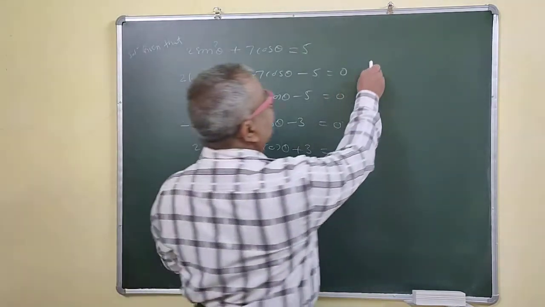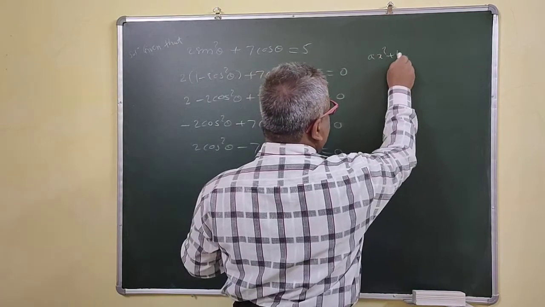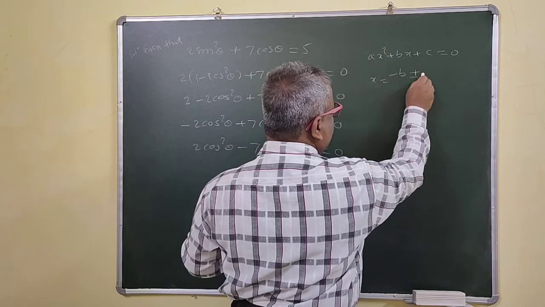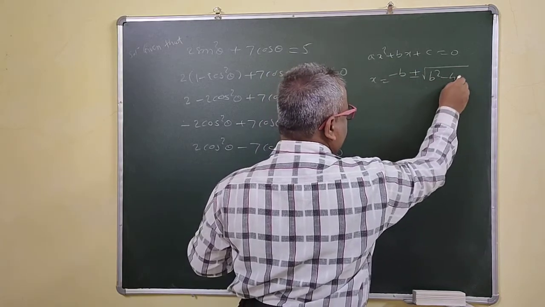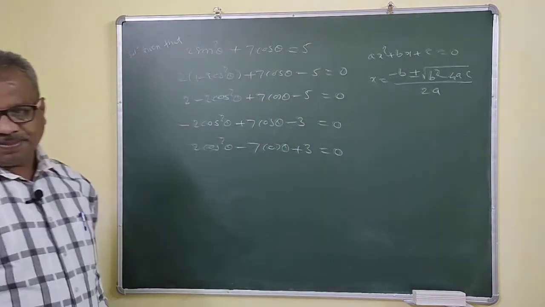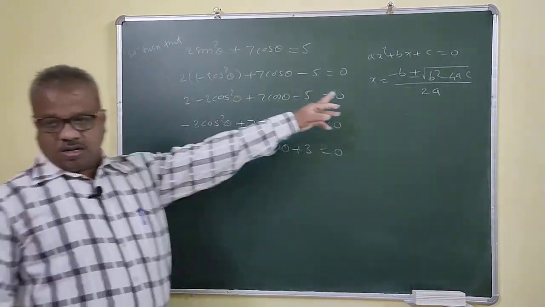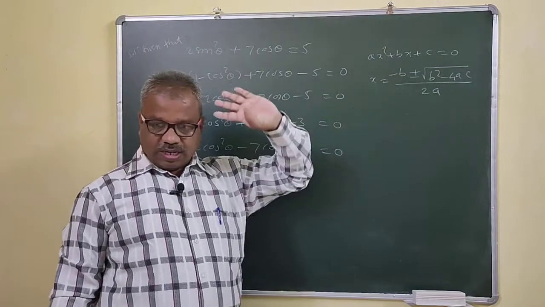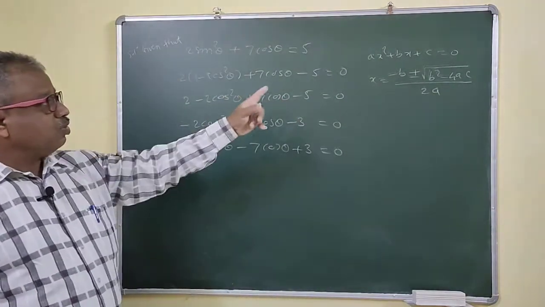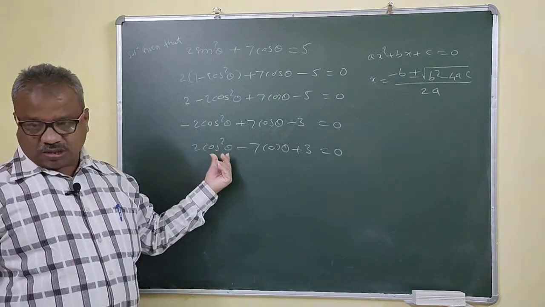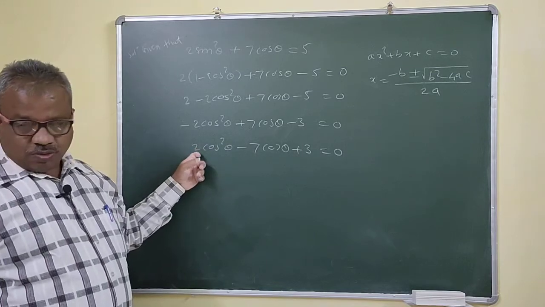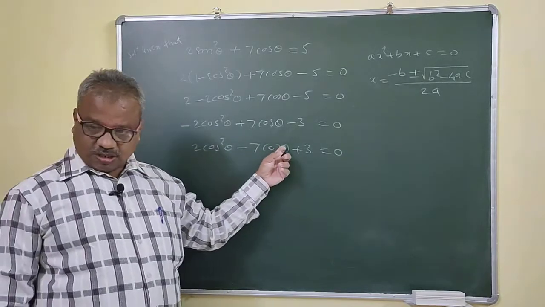You know that if you have the equation ax square plus bx plus c is equal to 0, then the roots are minus b plus or minus root of b square minus 4ac upon twice a. This is the formula to find the roots of a quadratic equation. Now we'll apply that formula. What is your x here? Your x is cos theta. What is your a? The coefficient of cos square is 2 now. What is your b? The coefficient of cos theta, right?